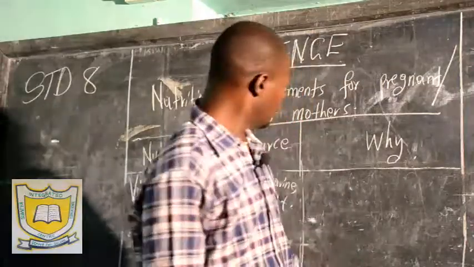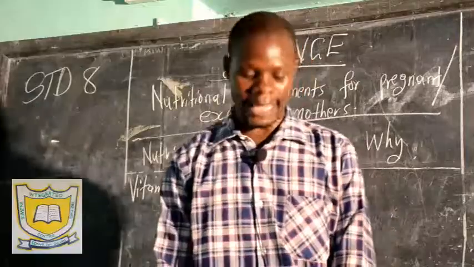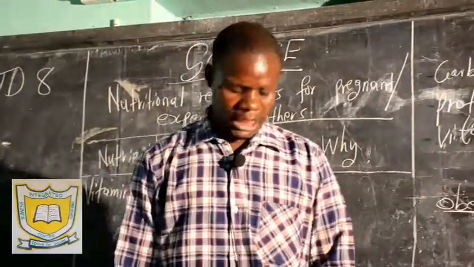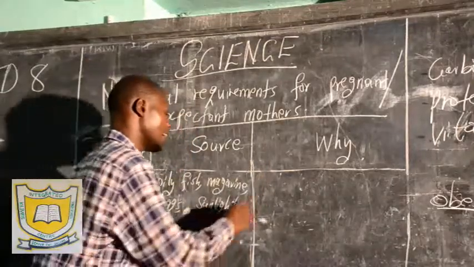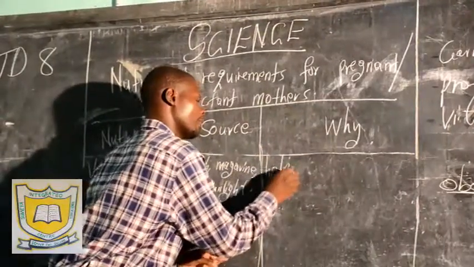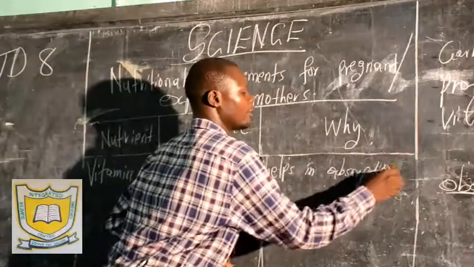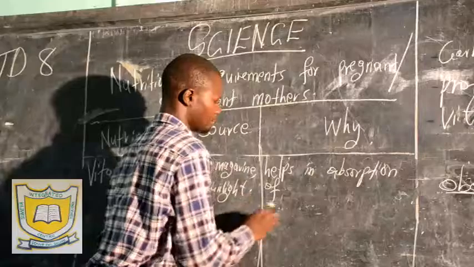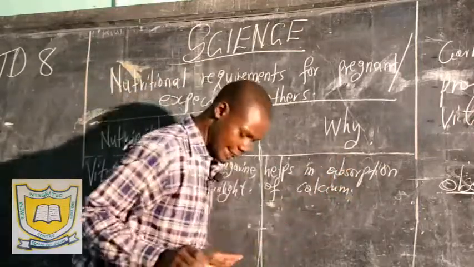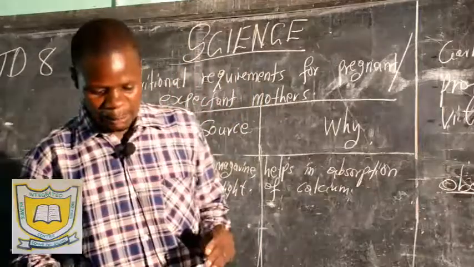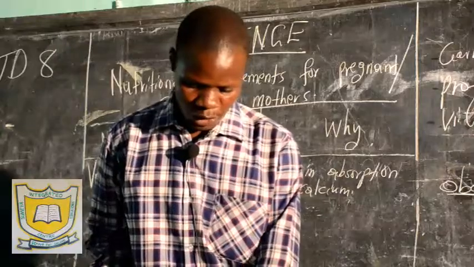Now, why should we supply this vitamin D to the expectant mother's diet? The reason is it helps in absorption of minerals. Example, calcium. Calcium is an example of minerals. It helps in absorption of minerals, which is calcium.